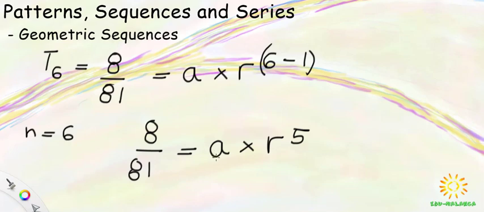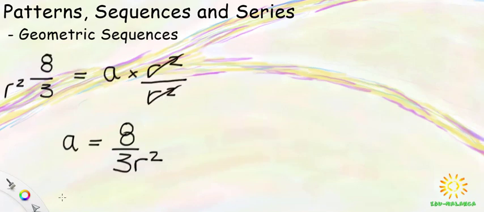Now let's return to the simplification that we did for term number 3. When we substituted in term number 3, we were able to make A the subject of our equation, and we determined that A is equal to 8 over 3R squared.